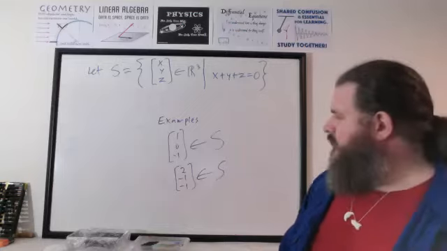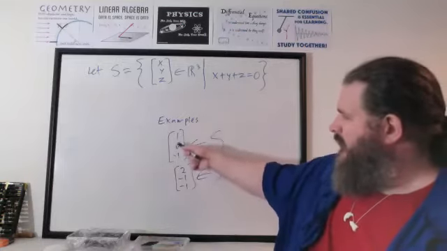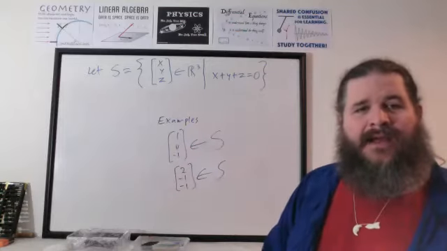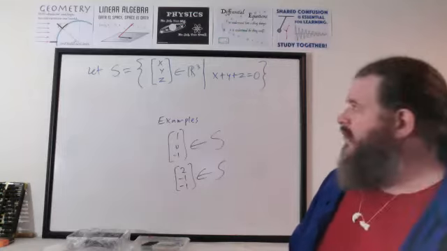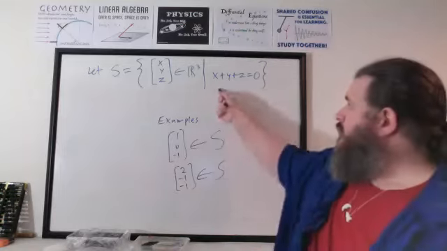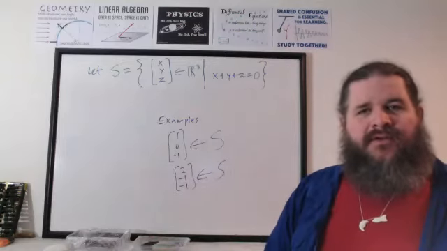We could construct probably infinitely many, because you can basically set maybe 2 of the variables to anything you want, and then the third one is just whatever you have to add to cancel them out. So set S is an infinite set. There's infinitely many vectors that make this restriction true. Any questions on that notation so far?